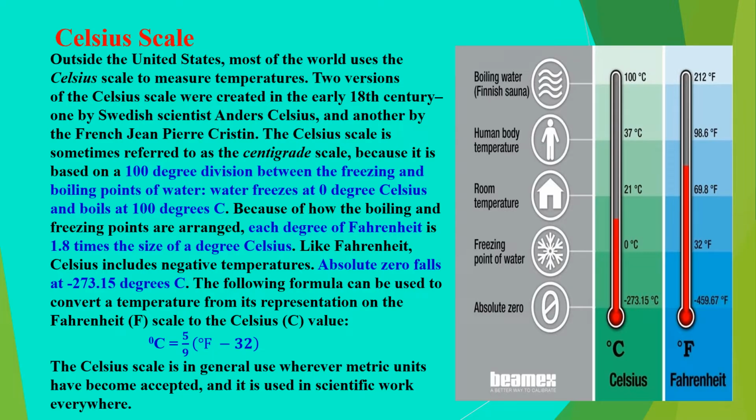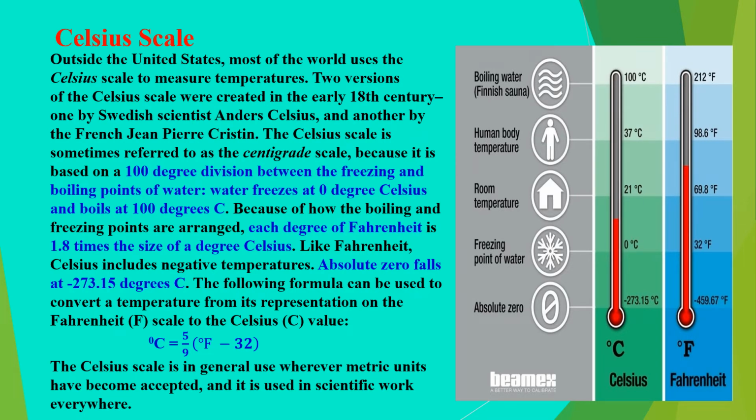The Celsius scale is sometimes referred to as the centigrade scale because it is based on a 100-degree division between the freezing and boiling points of water. Water freezes at 0 degrees Celsius and boils at 100 degrees Celsius.